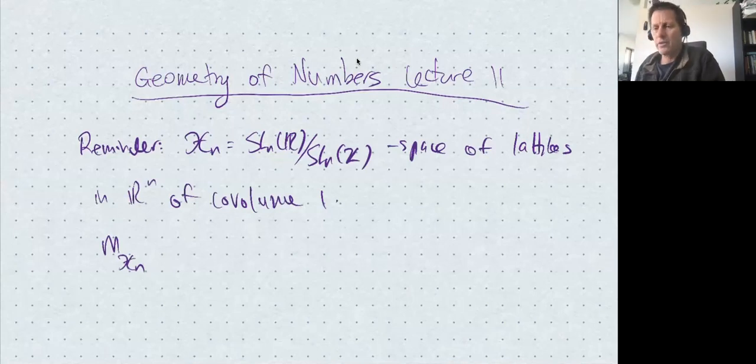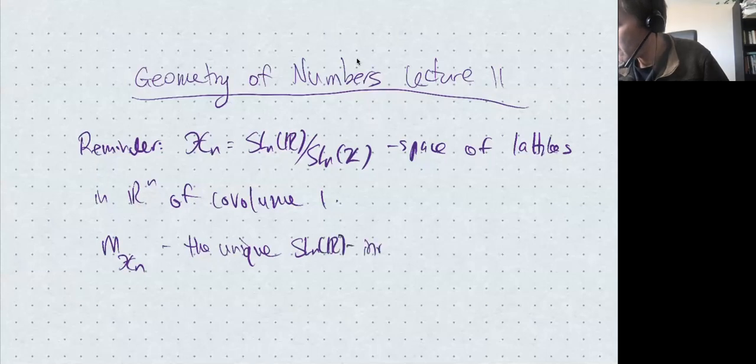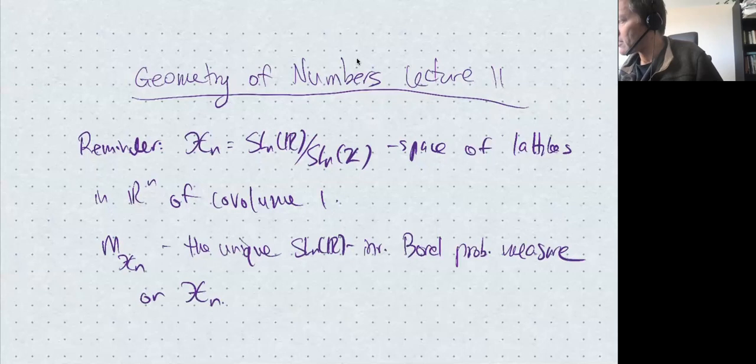This notation, μ of X_n, is the unique SL_n(R)-invariant Borel probability measure on X_n. So we proved that such an object exists and is unique.